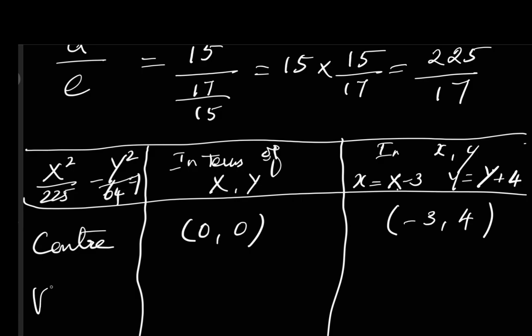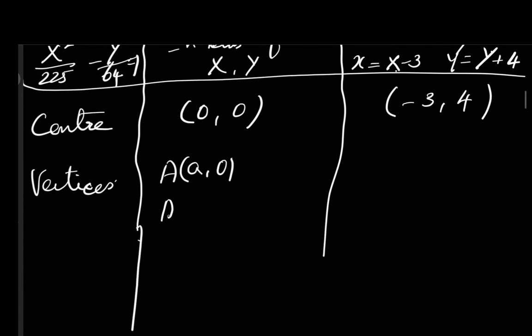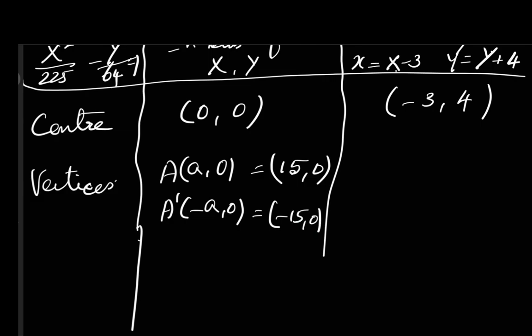Next is vertices. First vertex A is a, 0 and A dash is minus a, 0. What is the value of a? We have got a as 15, so 15, 0 and minus 15, 0.